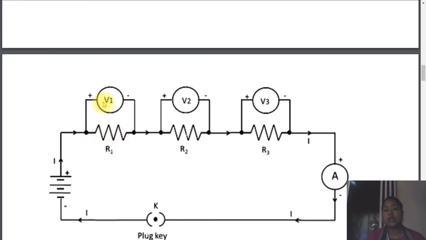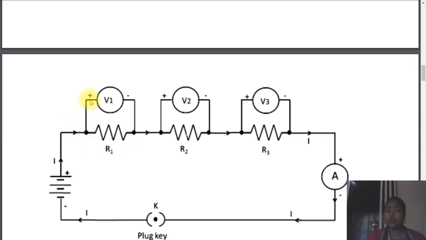As we know, an ammeter is always connected in series in the electrical circuit, and a voltmeter to calculate the potential is always connected in parallel. So if we are calculating the potential across R1, we connect the voltmeter in parallel with R1.